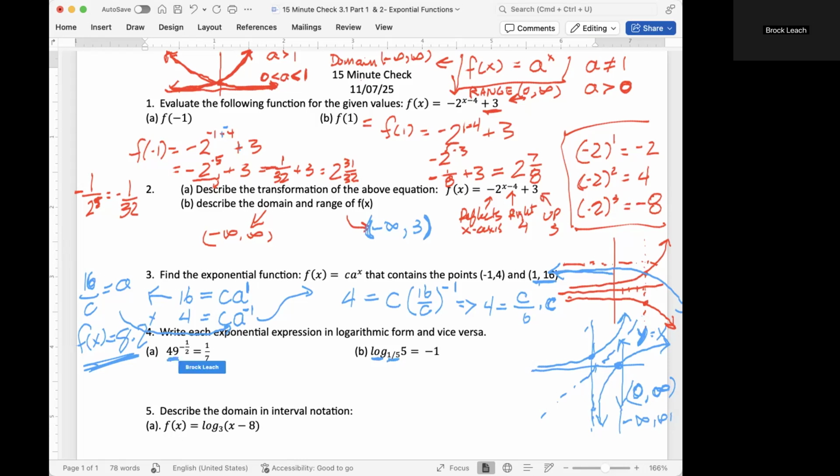So if we're transforming from exponential to logarithm, I know that the base here, 49, would be my base, and that ends up being the base of the logarithm.